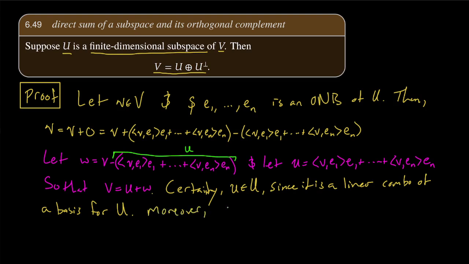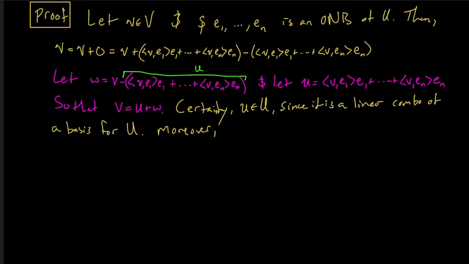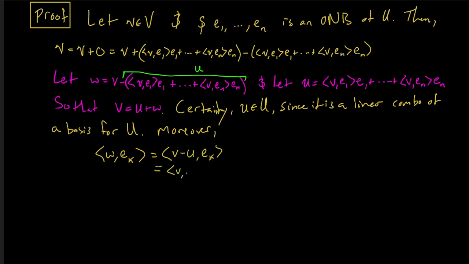Moreover, watch this. Inner product of W with EK, well, this is just equal to the inner product of V minus U with EK, which is equal to the inner product of V with EK minus the inner product of U with EK. But let's just write out what U is.